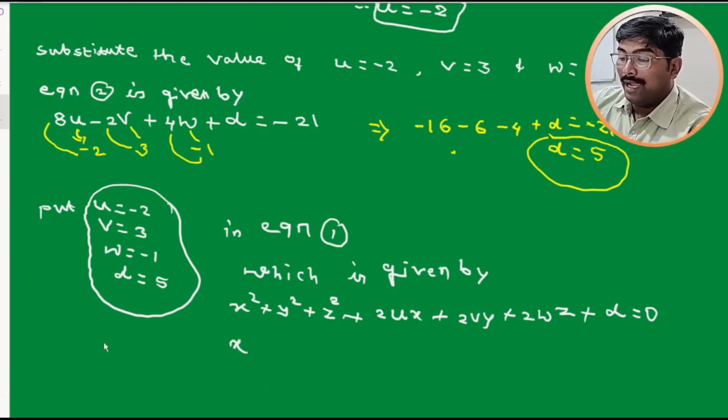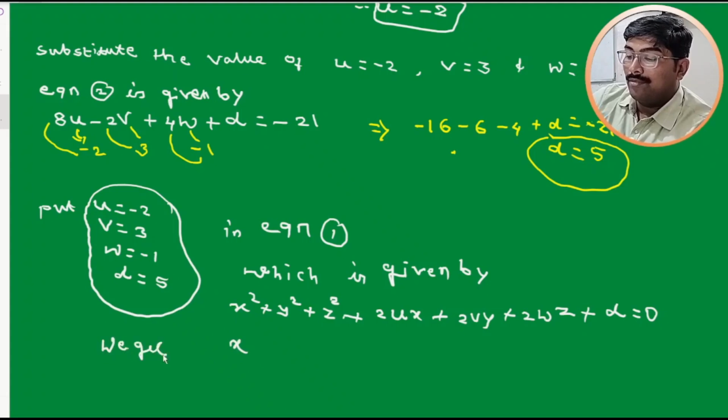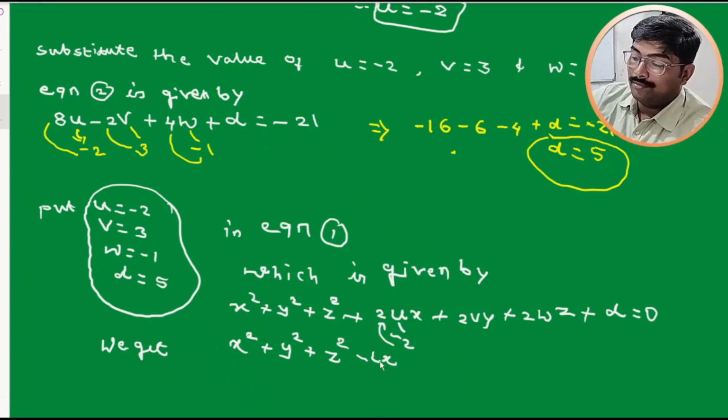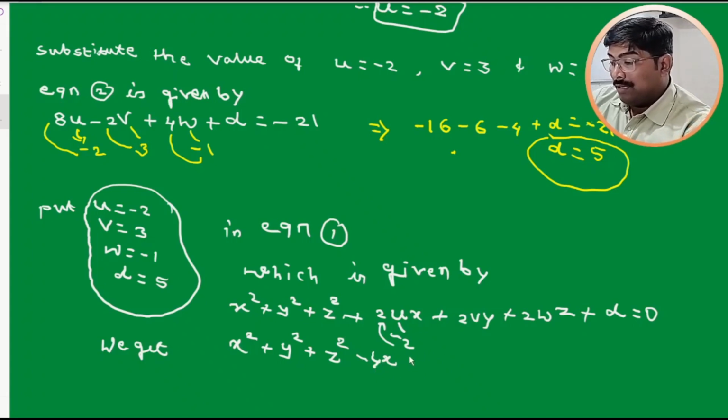So we get x square plus y square plus z square plus, you have to substitute value for u is equal to minus 2 here, minus 2 into 2 is equal to minus 4, so I will write minus 4x. Then substitute the value for v is equal to 3.